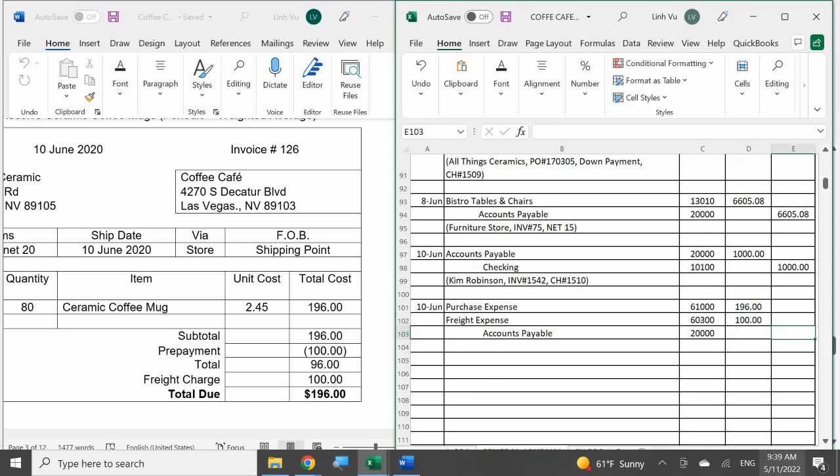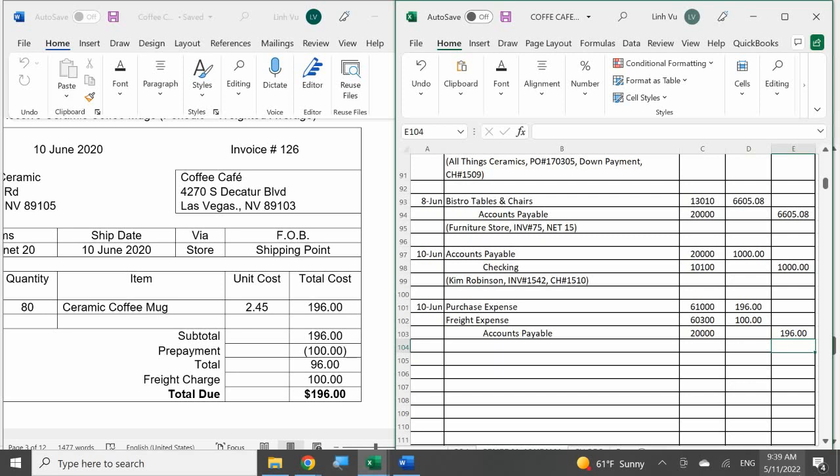How much do I owe? 196. All right, so let's take a look. I have 296 on the left, and I only have 196 on the right. I'm missing $100.